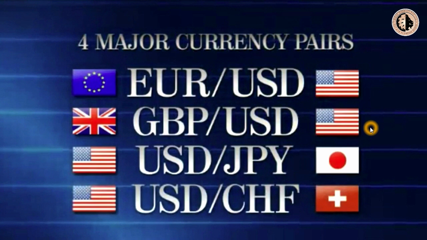But here there are the major ones that you could very quickly use to learn: the euro dollar, the pound dollar, the cable, and then the dollar yen, and then the dollar Swiss franc. You can expand that to include the Aussie dollars. But in terms of looking for opportunities in the market, there are plenty more currency pairs which you can have a look at, but these are the major ones.